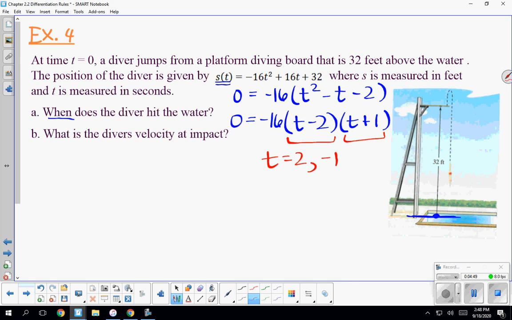Now, in a quadratic function, obviously, we can't go back in time, so the positive 2 is when this diver hits the water. The negative one represents if this function were to continue on the other side, that's where it would hit. So we really don't need that in this problem. So it's going to be after 2 seconds.